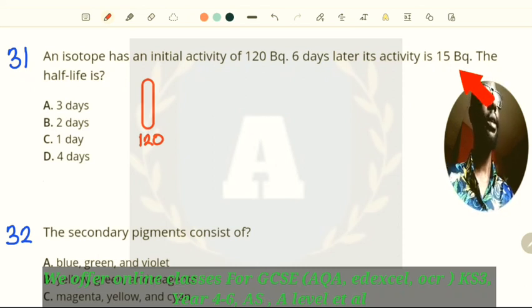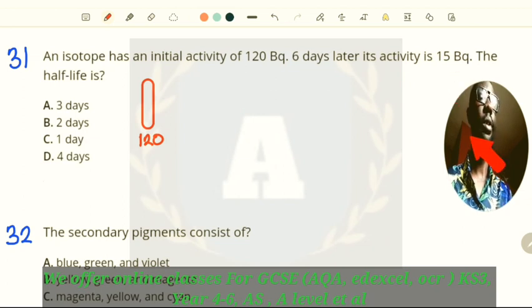Now 6 days later it has been reduced to 15. So the first half-life, it will reduce to 60 becquerel.